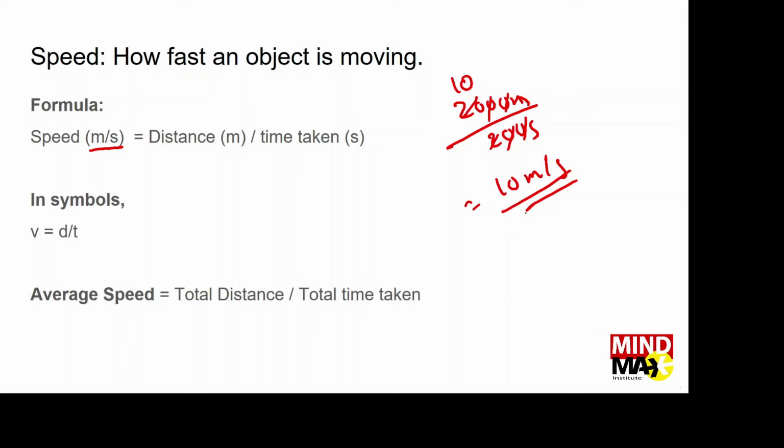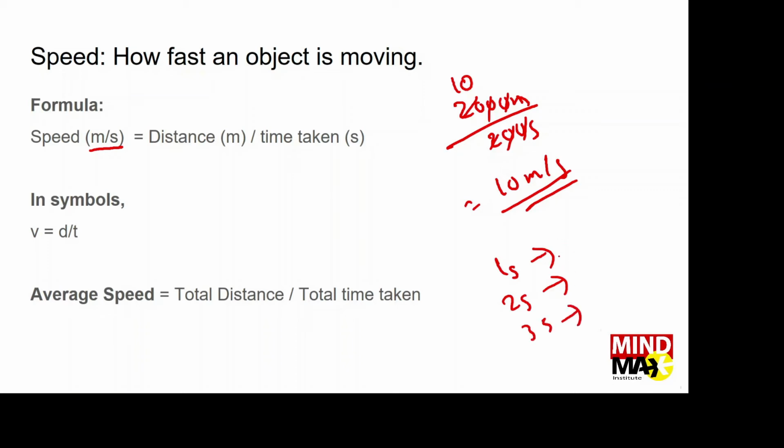So why does it say average speed? Because throughout all of the 200 seconds, the object's speed may not have been the same at every second. Let's say at the first second its speed was something, the second second its speed was something else, the third second something else.